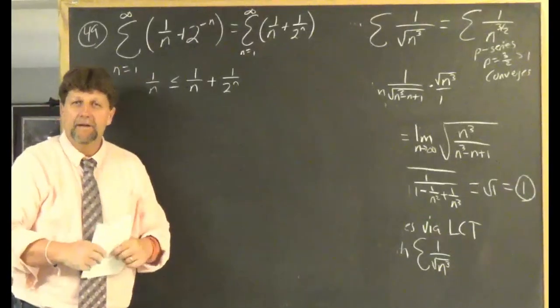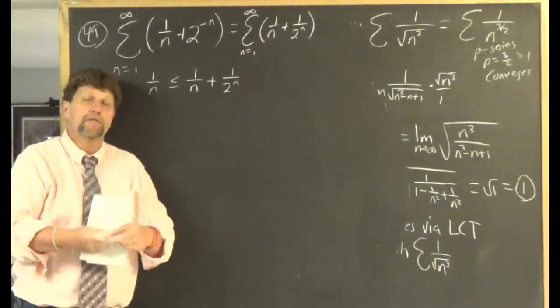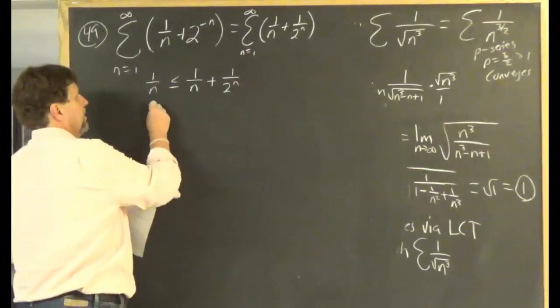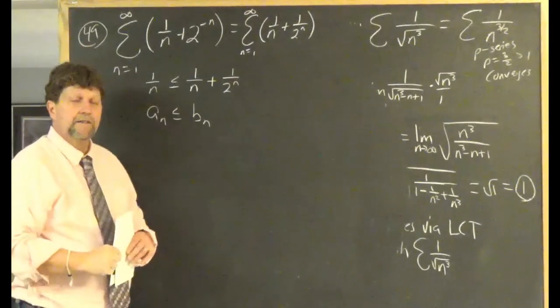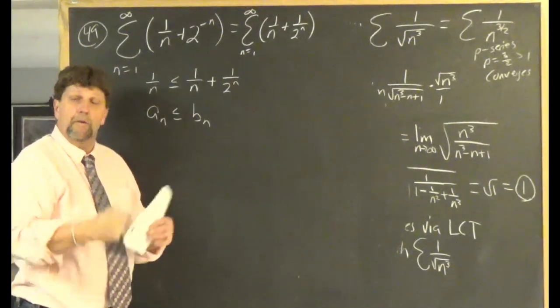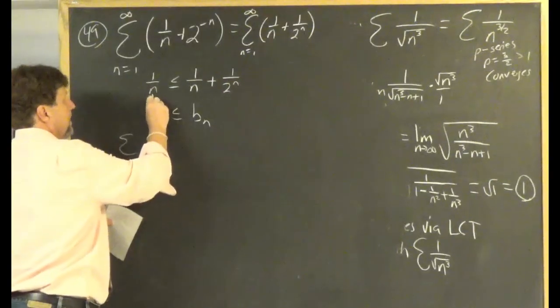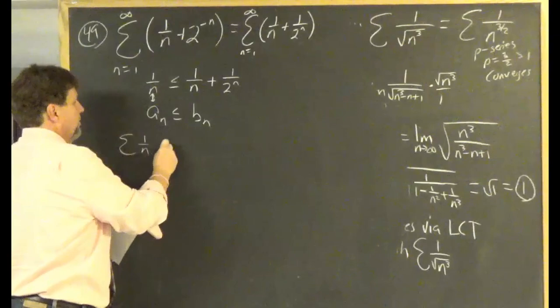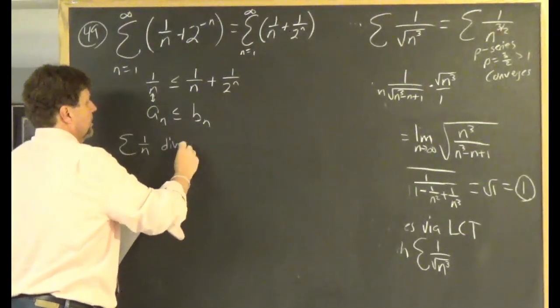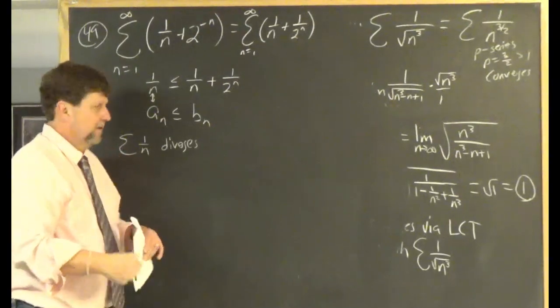Well, what does that mean? Write down the preamble of the direct comparison test. We know the series, just make a place-by-place comparison here, direct comparison test. We know 1 over n diverges. It's the harmonic series.